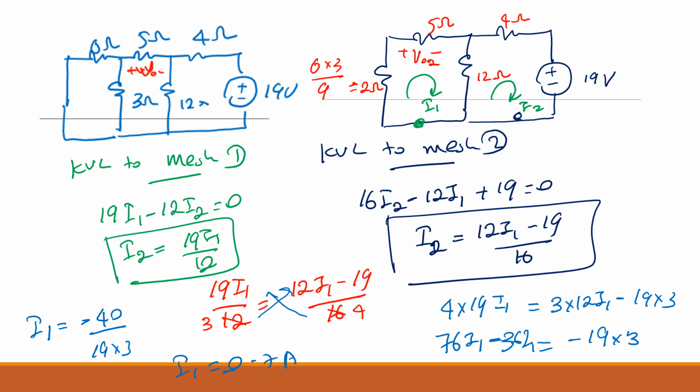Is that what you get? I1 or I2? Which one is that?